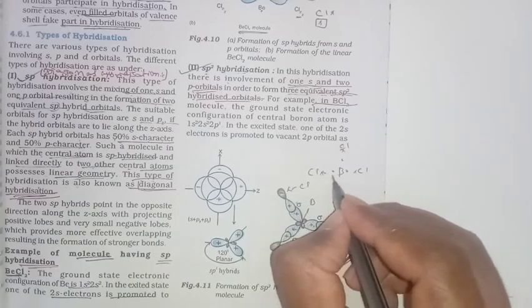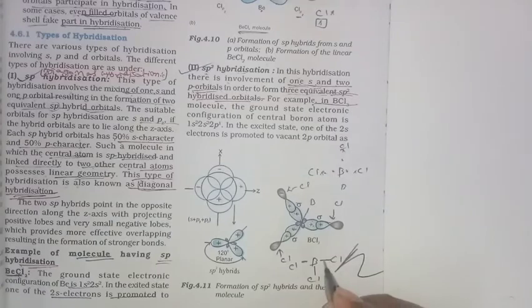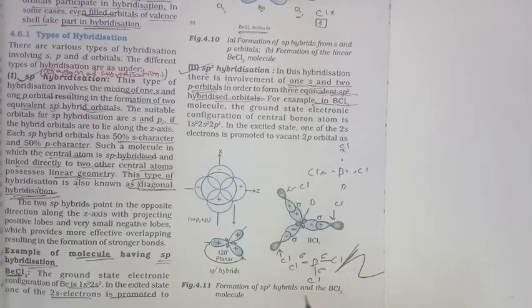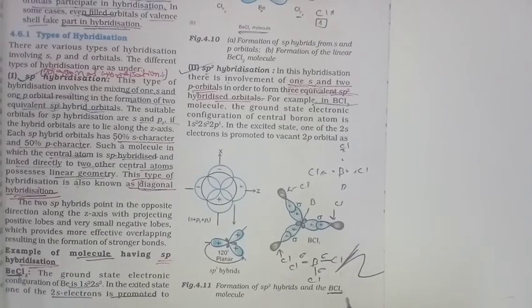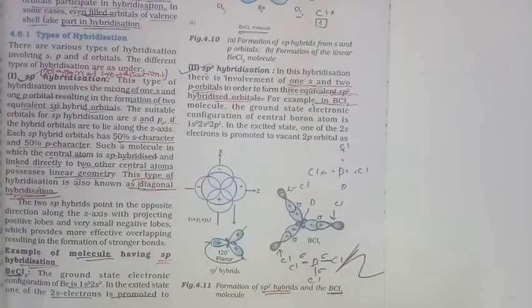By sharing of 1 electron they form a single bond, and this single bond is a sigma bond. So in boron trichloride sp2 hybridization takes place, and the angle is 120 degrees.